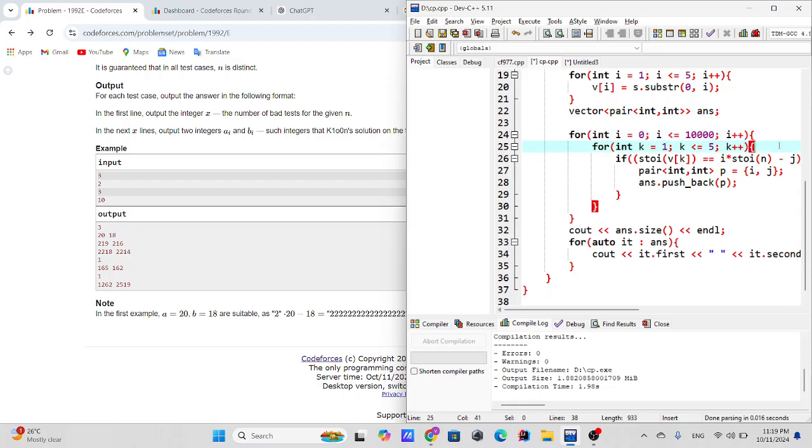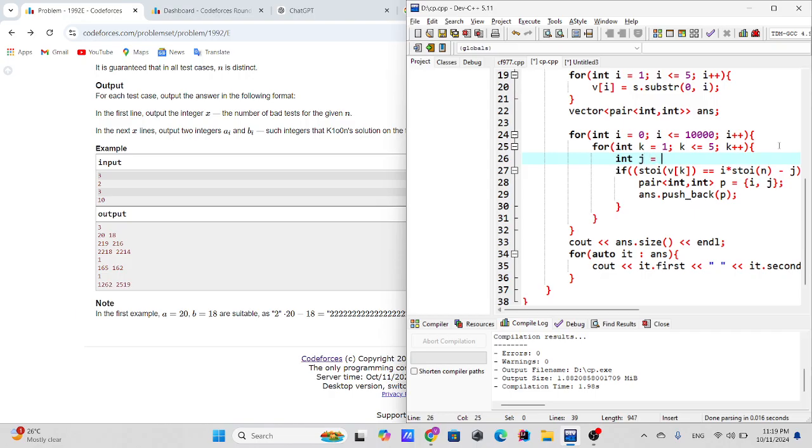J should be inside here. J will be E multiplied by n dot size, firstly.